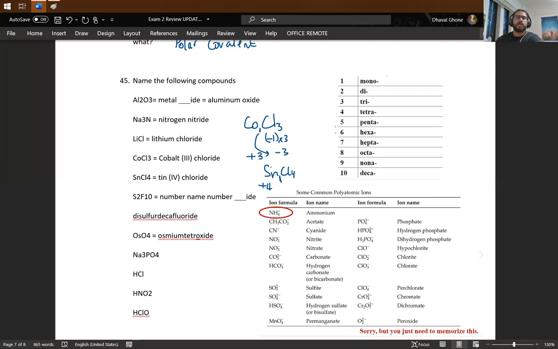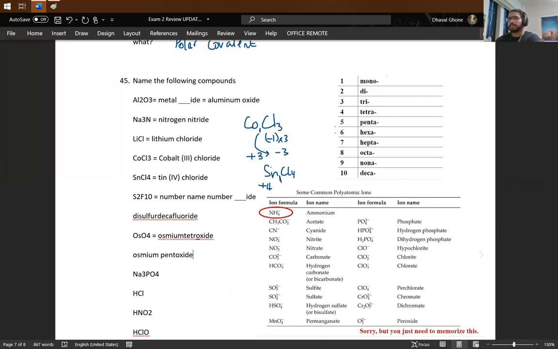So it can be osmium tetroxide, and that's correct. Same would be if I had osmium pentoxide, it really is penta, but because you have the A and the O, you write pentoxide only, and that's fine too.